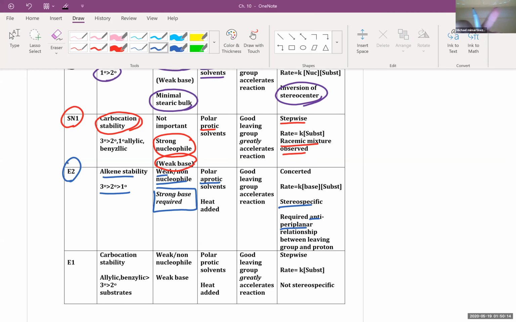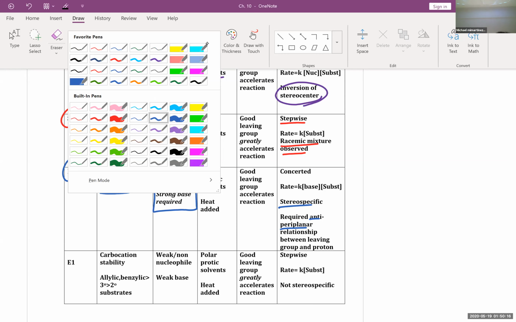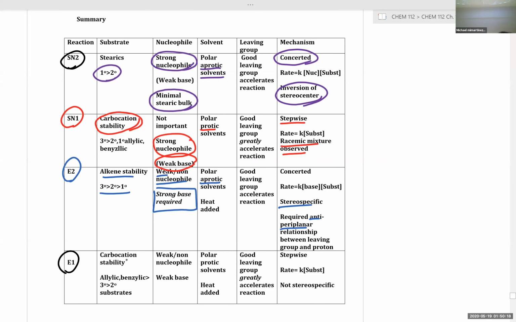Finally, our E1 reaction, again, is based on carbocation stability. So they prefer substituted allylic and benzylic substrates. They want a weak nucleophile and a weak base, and they prefer polar protic solvents with heat added. These are not stereospecific reactions.